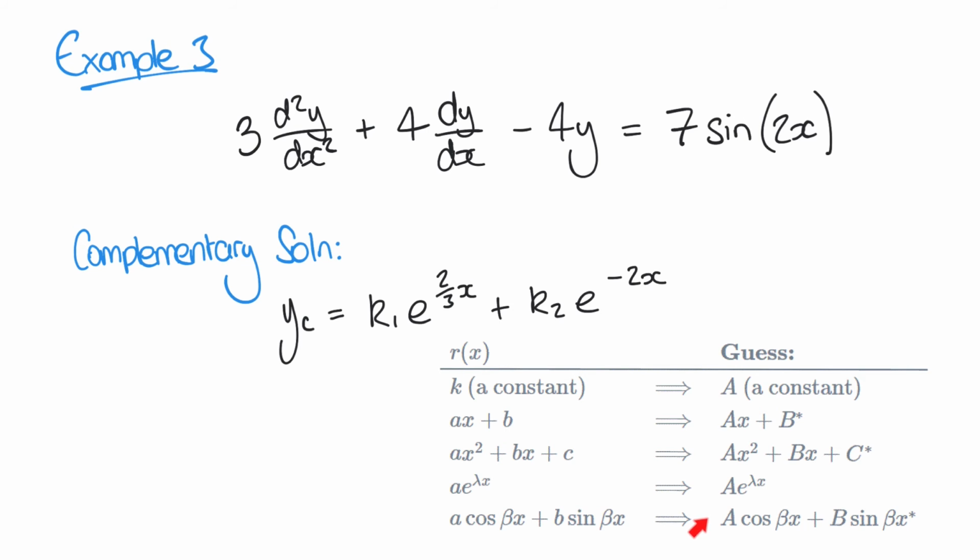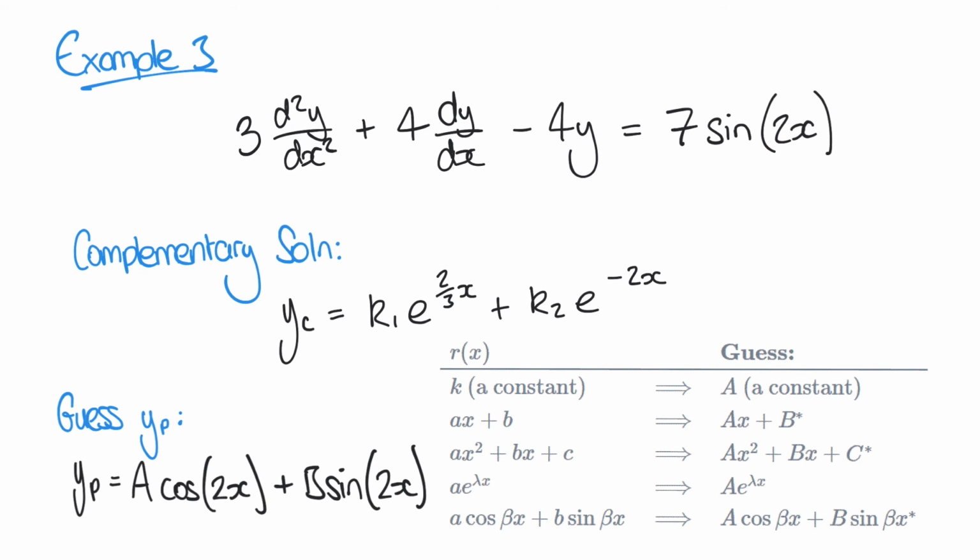And again, remembering we have to use that whole guess, even though we don't have a cosine element to our initial function Rx, we still have to include it in our guess. And also notice that beta is present on both sides of our table, so we can carry that beta value over, as it were. Beta was 2, and so our initial guess for the particular solution takes this form. It's going to be a cos 2x plus b sine 2x.